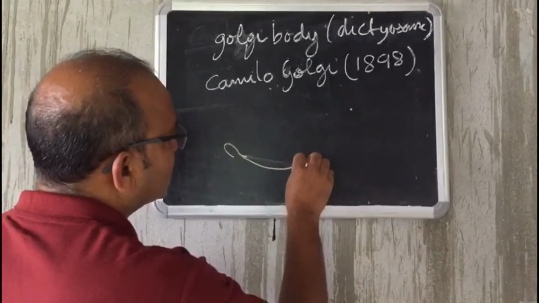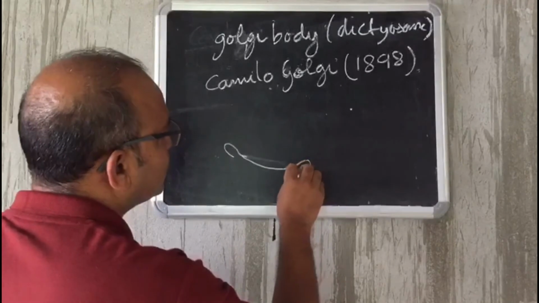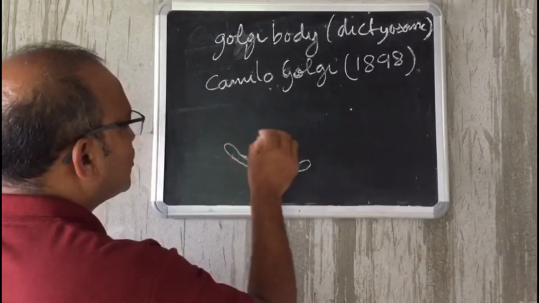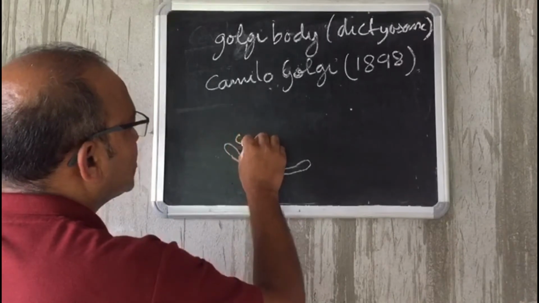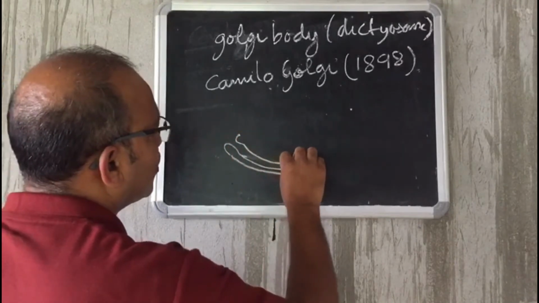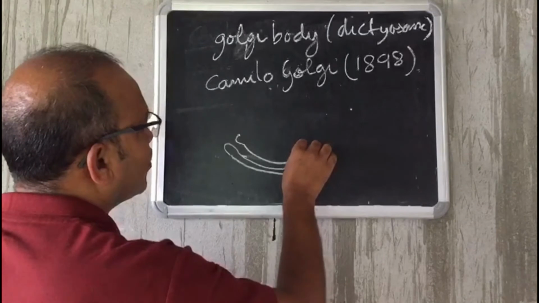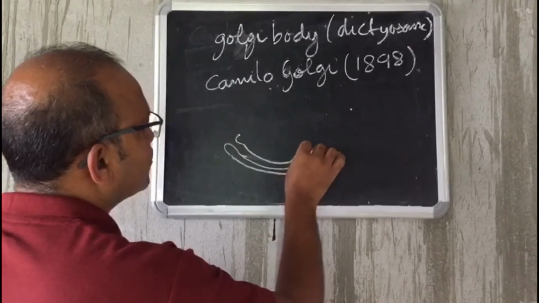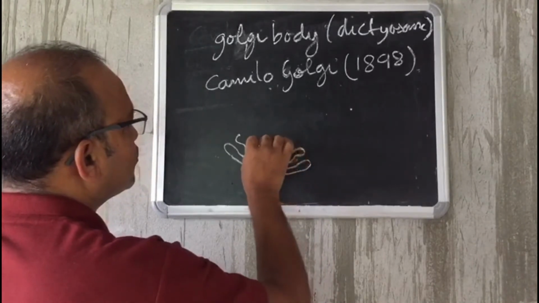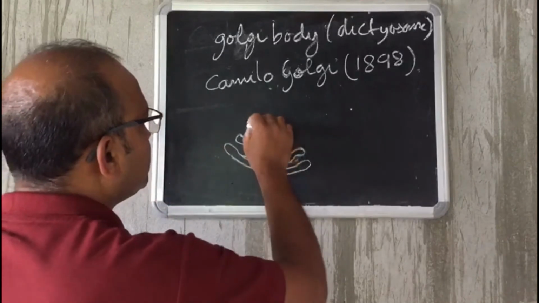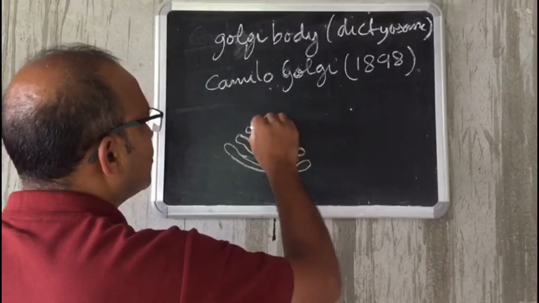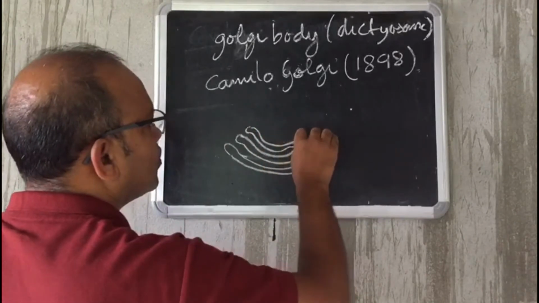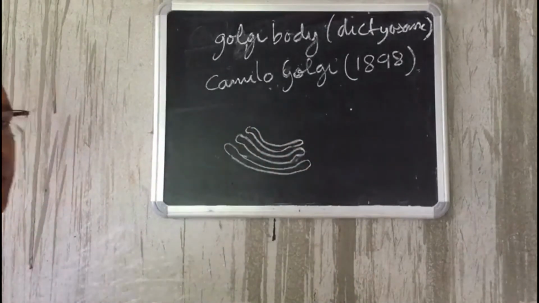It is convex in shape. Number of layers of decreasing size. They run parallel to each other.